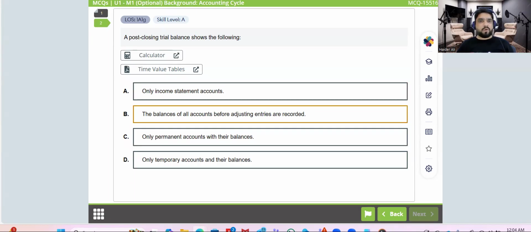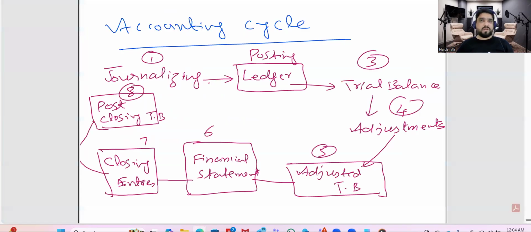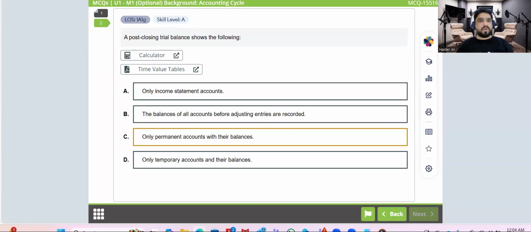The balances of all accounts before adjusting entries are recorded. That's the unadjusted trial balance, not post closing. Only permanent accounts with their balances. Yes, this is the right answer. As I just mentioned, the post closing trial balance will have only permanent accounts, and any temporary accounts will be closed in the 7th step.